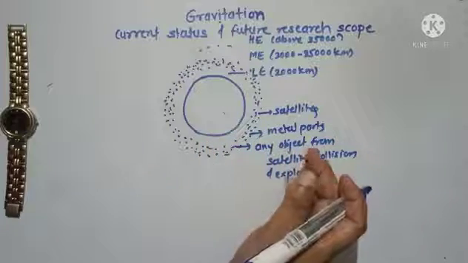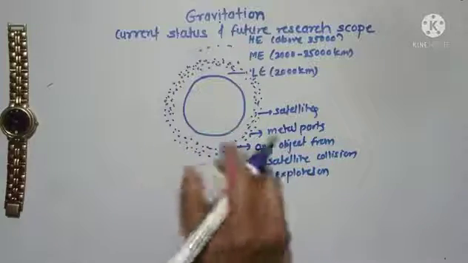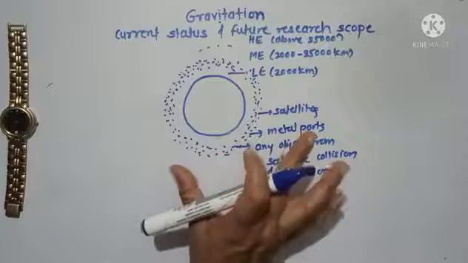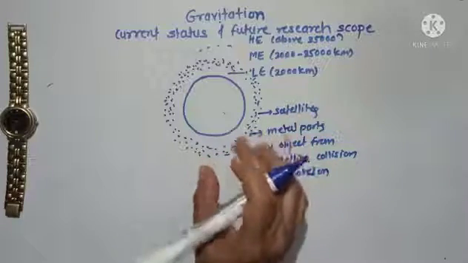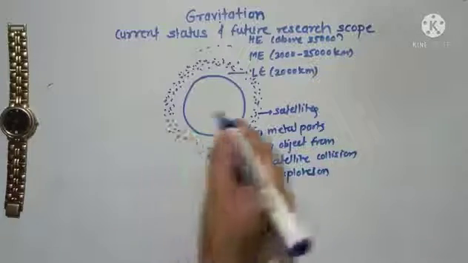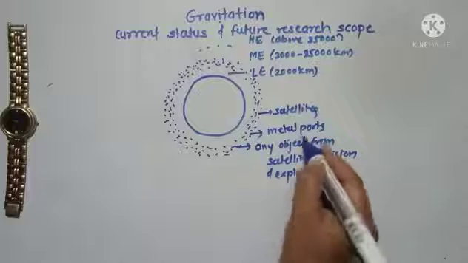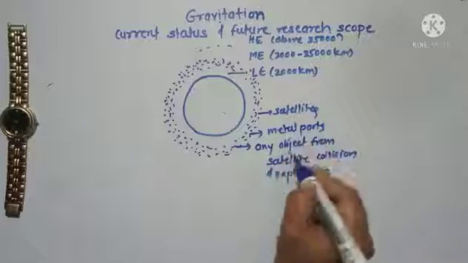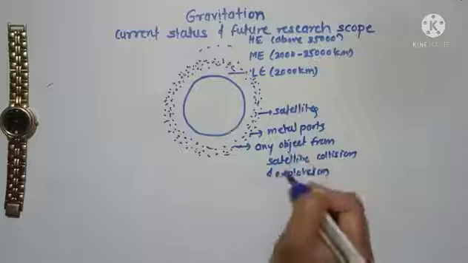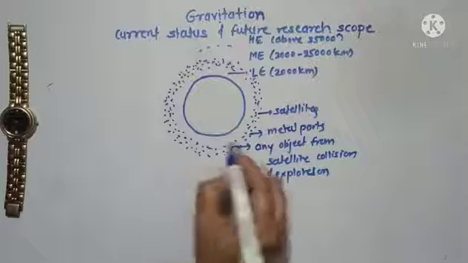When two objects move with very high speed and collide with each other, they just explode, and they again form different particles, like these metal parts, or any object formed due to the explosion between any two satellites.